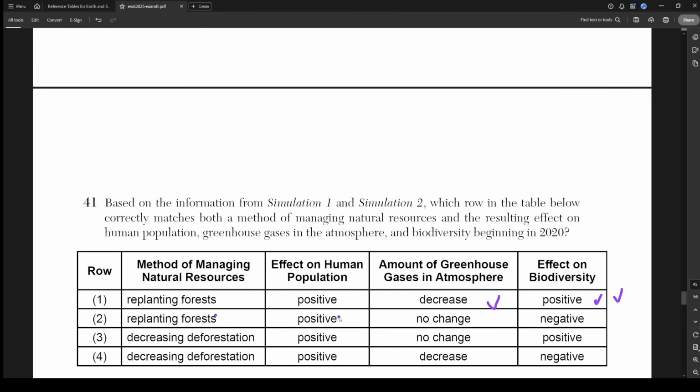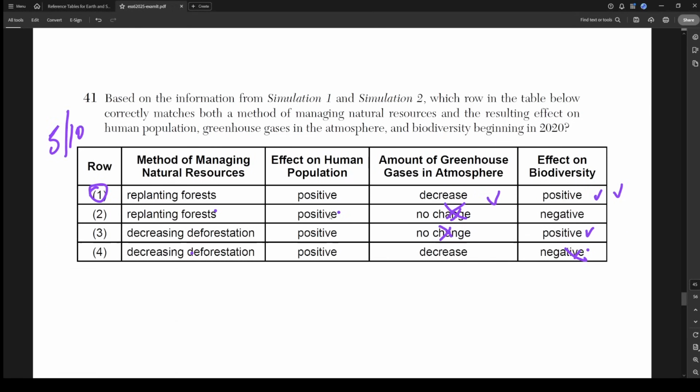Replanting forests, positive effect for us. No change in the greenhouse gases? No, it's wrong. Decreasing deforestation. So that's saying cutting down fewer trees. Is that good for us? Probably. Amount of greenhouse gas, no change? No. Positive effect on biodiversity? Yes. And not cutting down trees would not be negative for biodiversity. So 41, the answer is 1. This has reading involved. It's a 4 out of 10 plus 1 for test fatigue. This is a 5 out of 10 question.